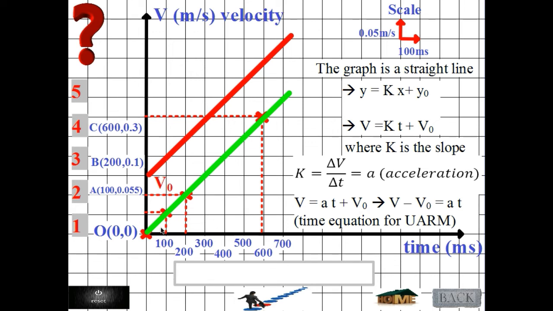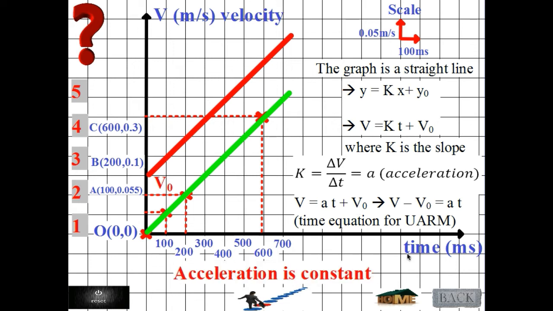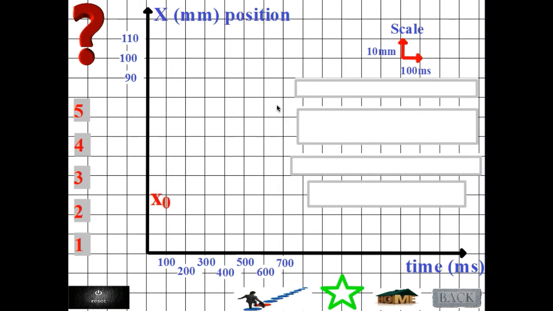If it starts from 0, then v0 is 0. If it didn't start from 0, then v0 is a constant that we will take from the given. So here, of course, we are dealing with a constant acceleration, since we said it's a uniform accelerated rectilinear motion.